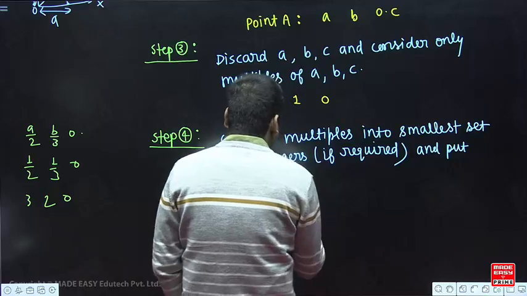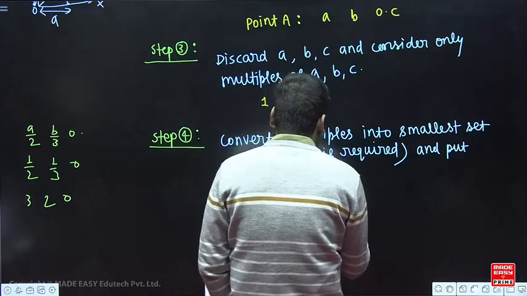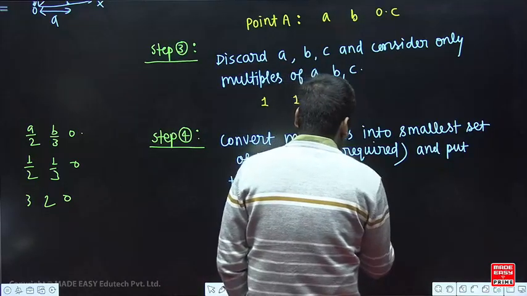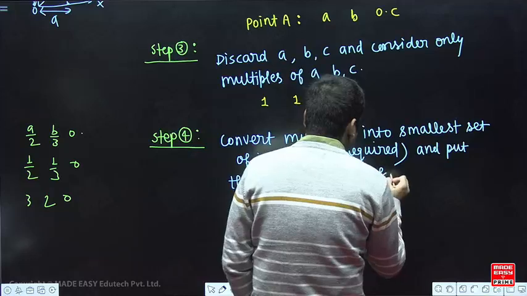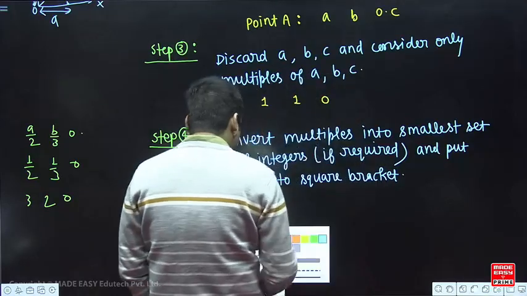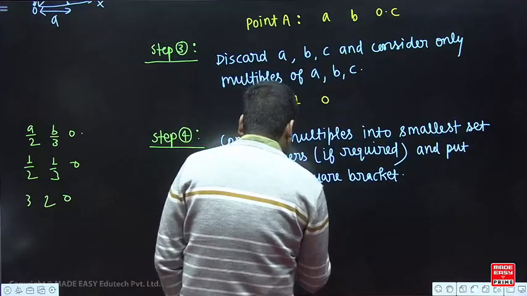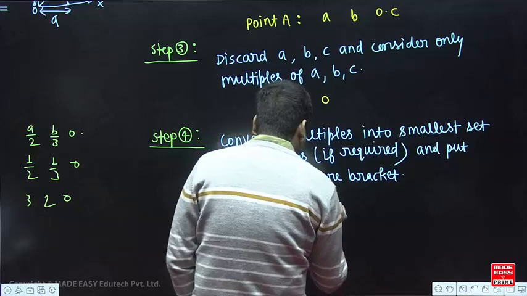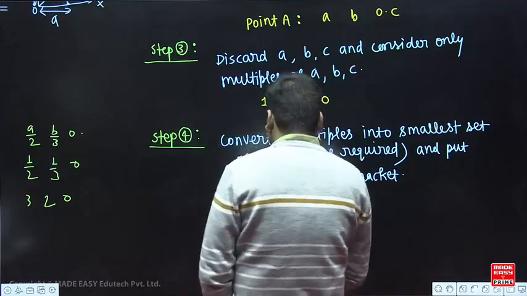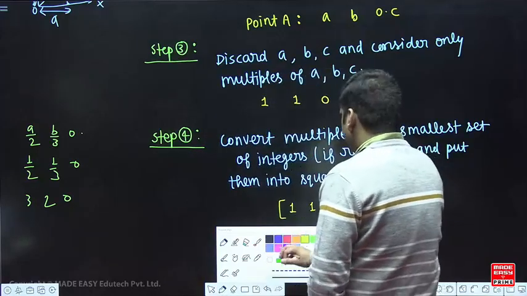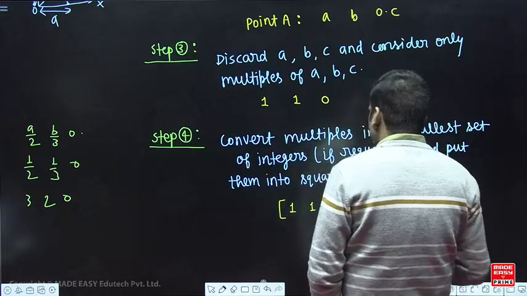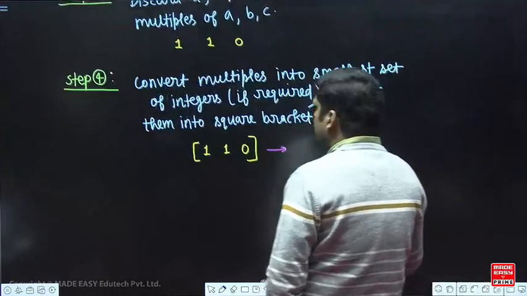So convert multiples into the smallest set of integers and put them into square brackets. So it will come out as 1, 1 and 0. This is the Miller indices for direction OA. Put them into square brackets without commas.